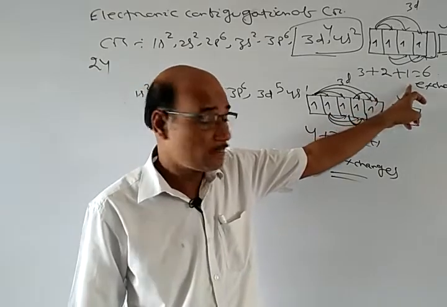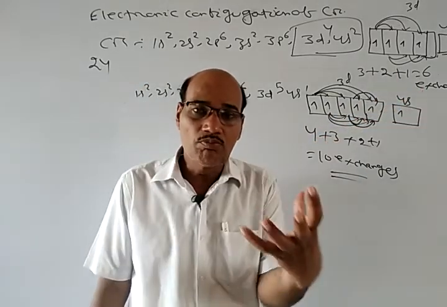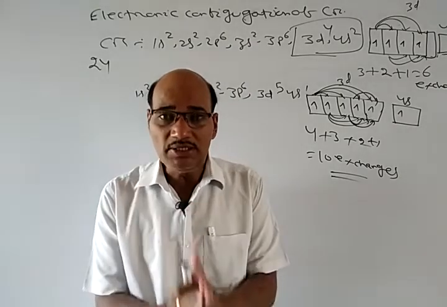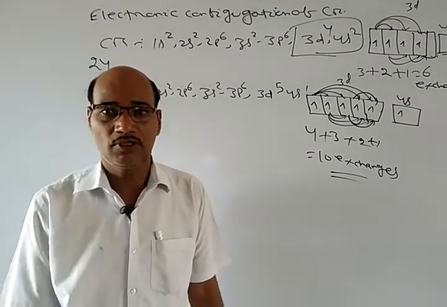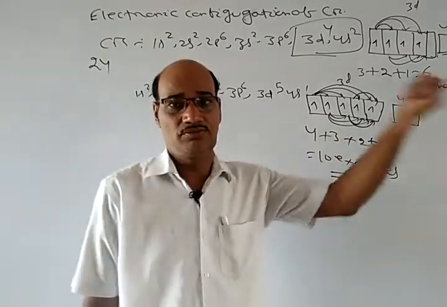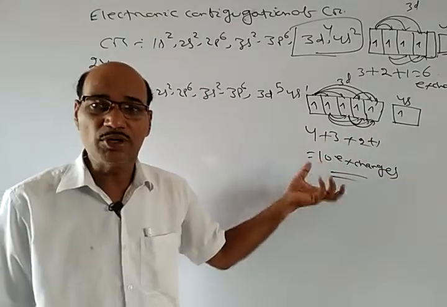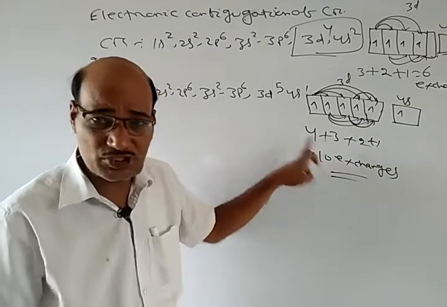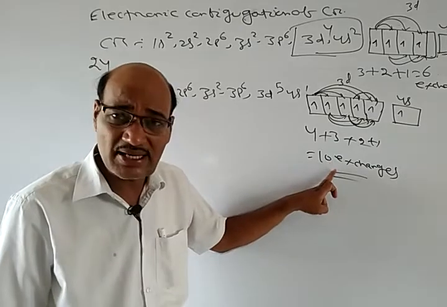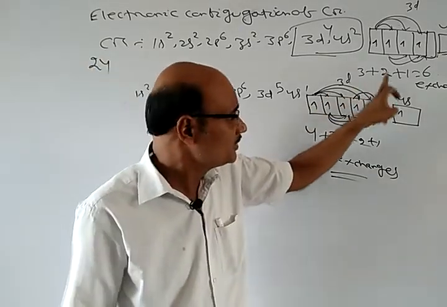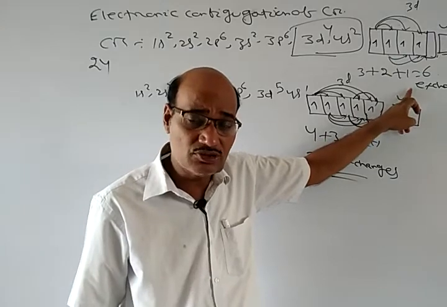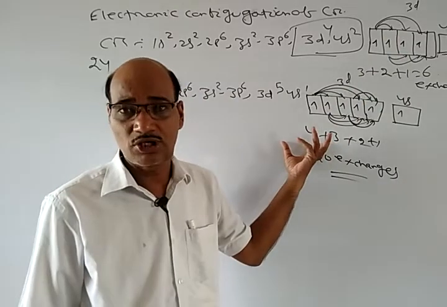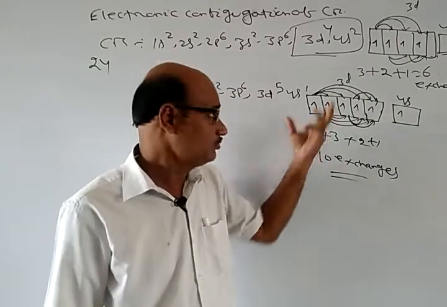The more the exchanges between the electrons, the more the release of energy. When the exchange energy is released, the atom becomes more and more stable. Because here 10 exchanges are possible, the exchange energy is more, but here we have only 6 exchanges, so the exchange energy is less. That's why this configuration is more stable as compared to this one.